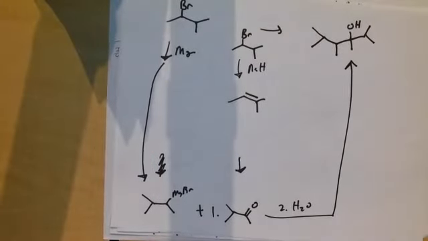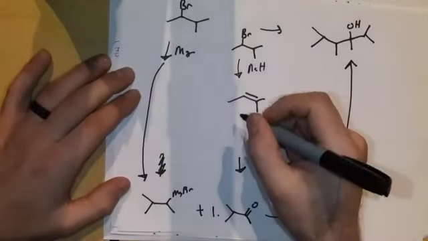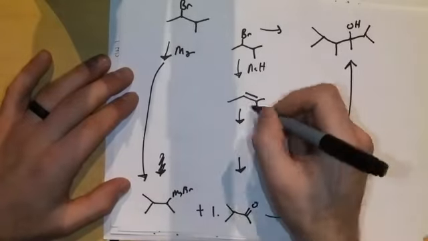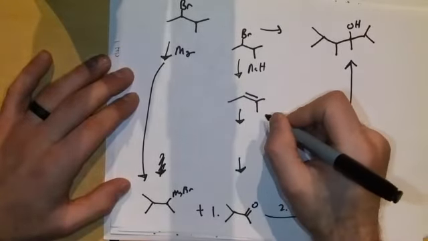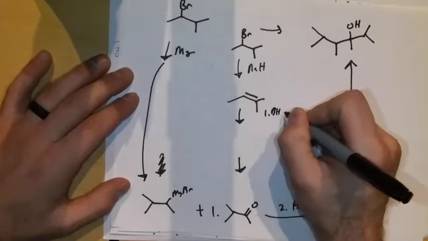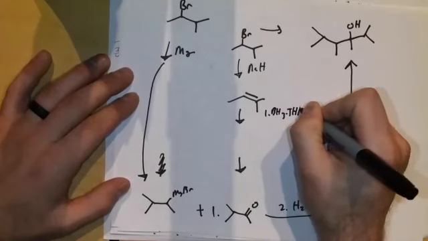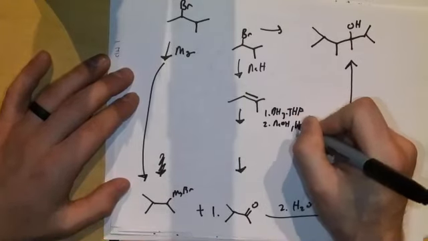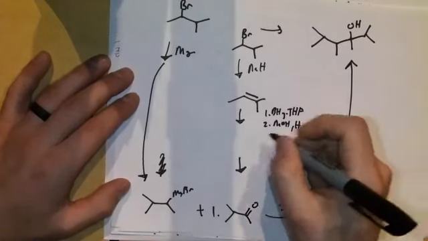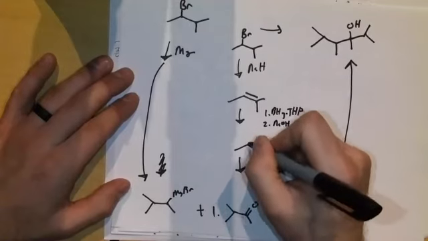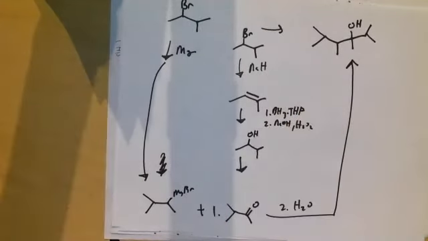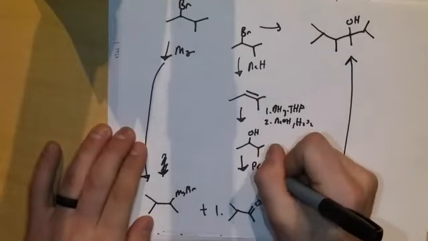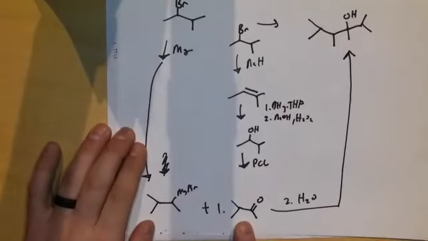I can make an alkene, and then do my anti-Markovnikov addition, so BH3 and THF, followed by NaOH and peroxide. I can make this alcohol here. Now I just need to oxidize it. Putting in PCC gets me to my aldehyde.